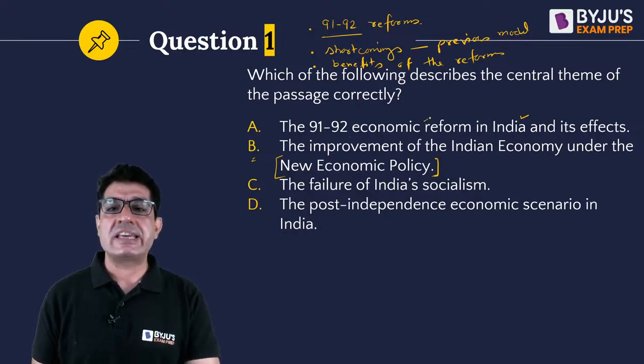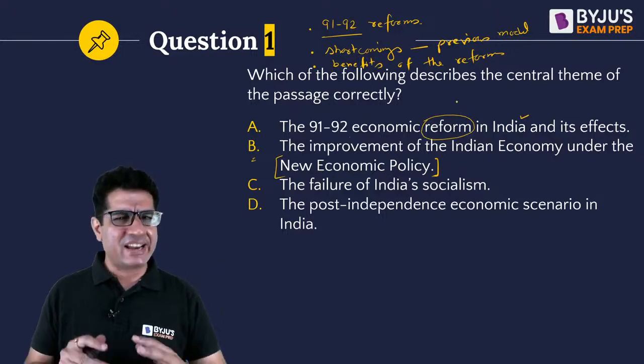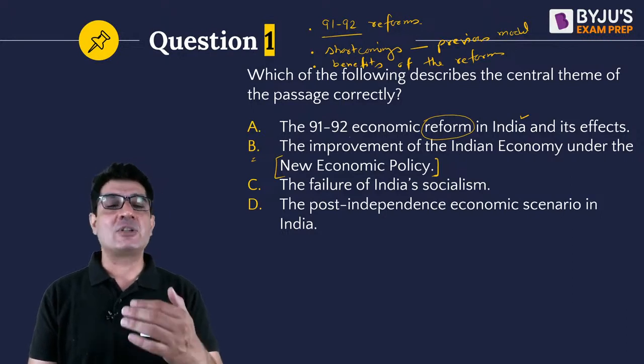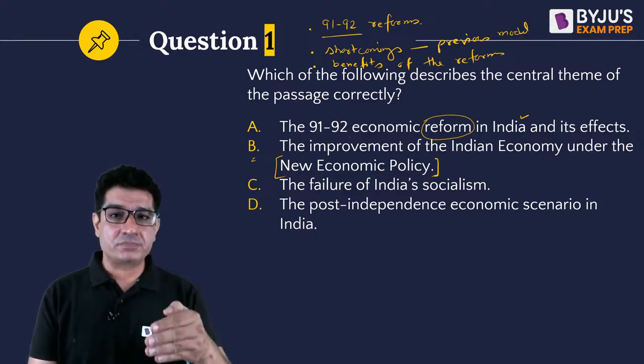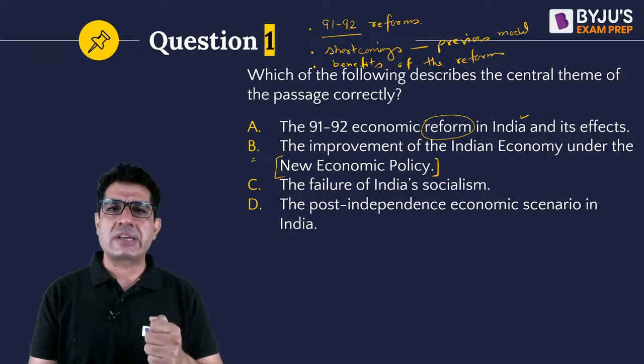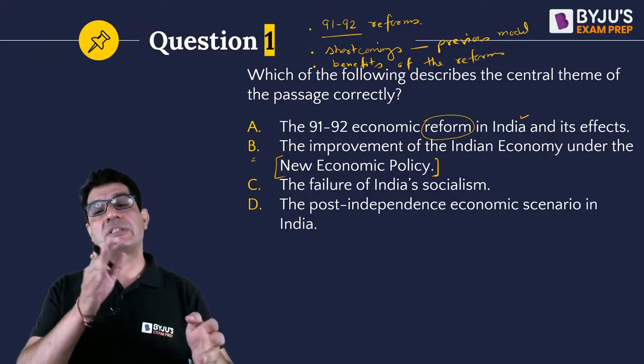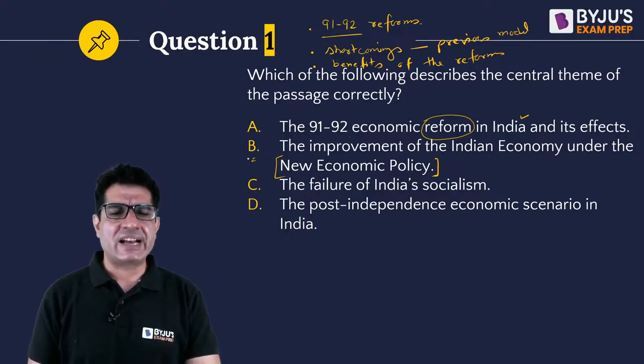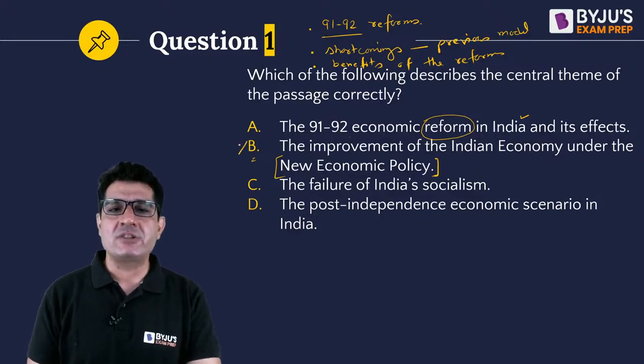The only difference is A also uses the word reform, B does not. And I think in the context of this passage, reform is better because we are talking about the changes that were brought about in 91-92 vis-a-vis what was done earlier. So reform is preferred. And as a result, if I compare A and B, I'd say A scores over B, so let's rule out B.